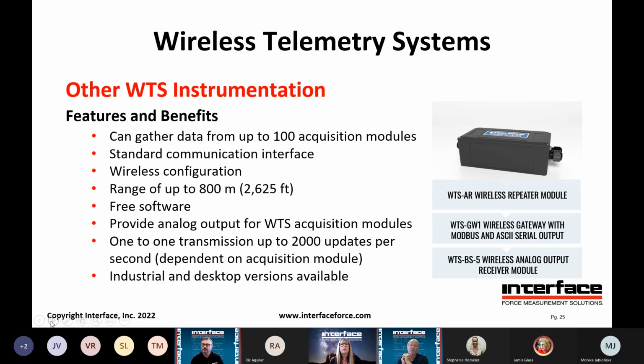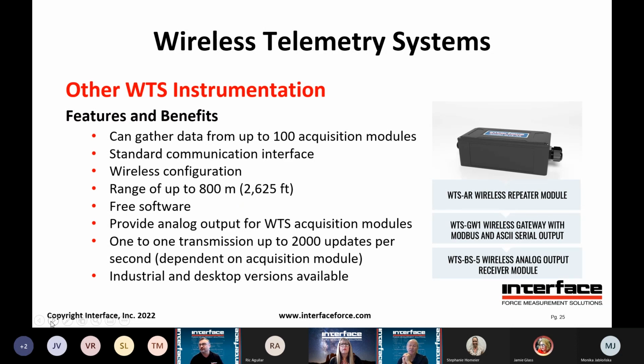Of course, their wireless configuration has ranges up to 800 meters, but with that active repeater, we can at least double that distance with a clear line of sight. The software is included when you get those base stations. And then, like I say, analog output is available.